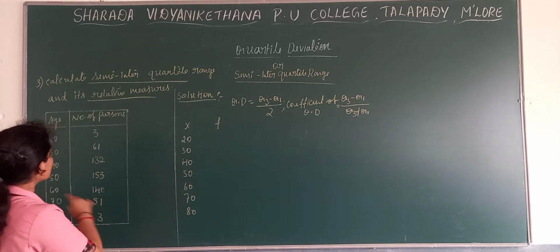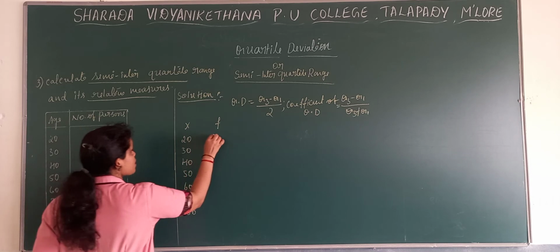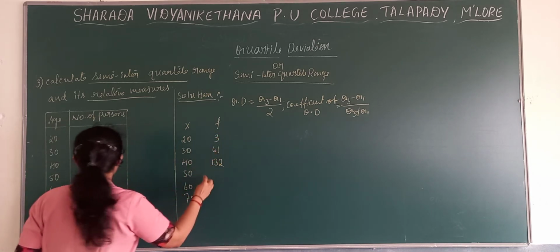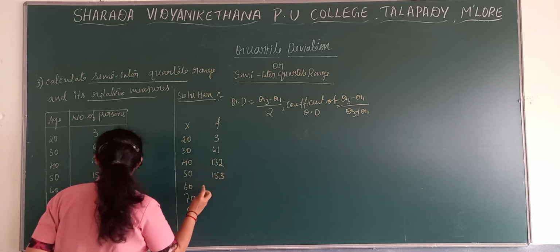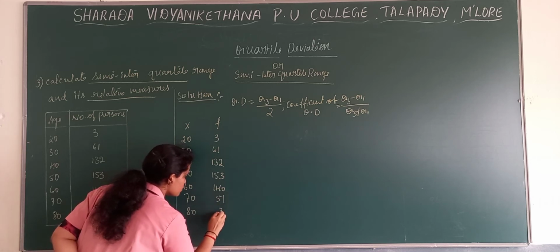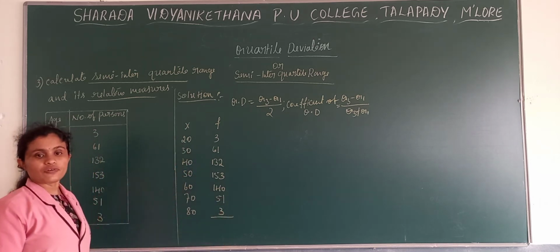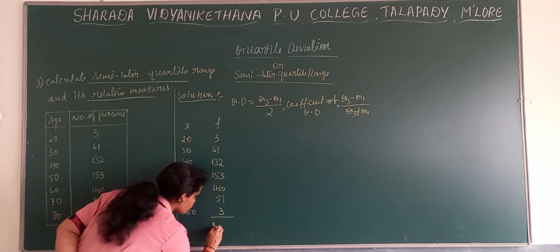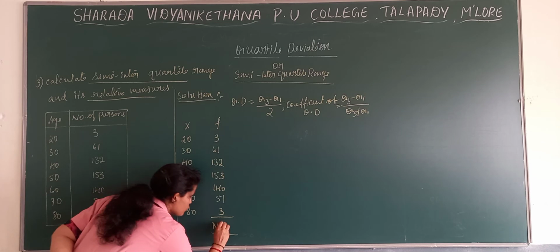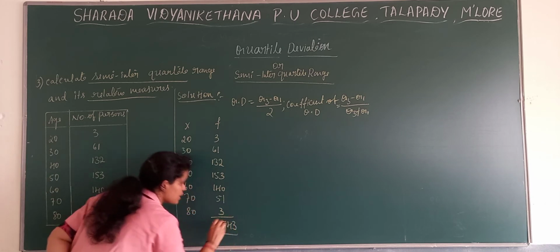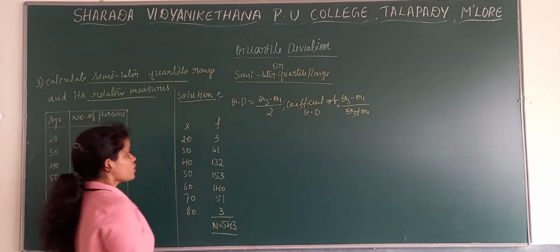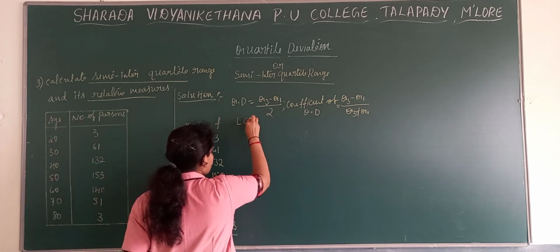Then take down the frequencies, that is the number of persons: 3, 61, 132, then 153, 140, then 51 and 3. Now, firstly we will find their n value, the total number of frequencies. When you total it, you get 543 as your n, 543. Now, we need to find their LCM.